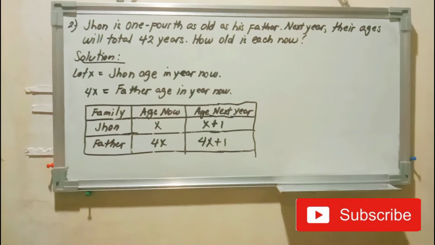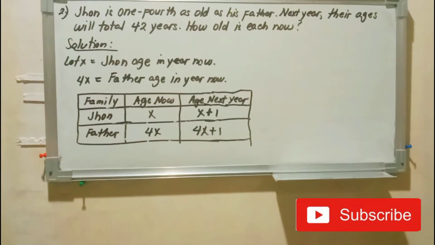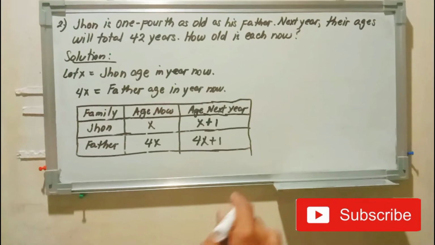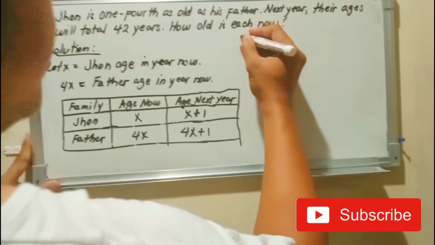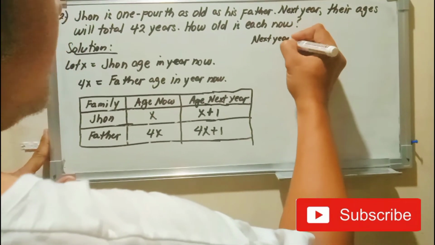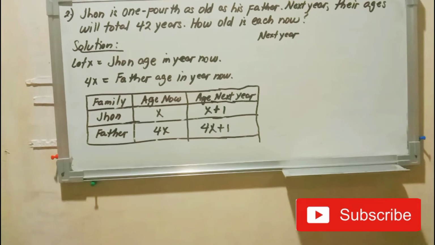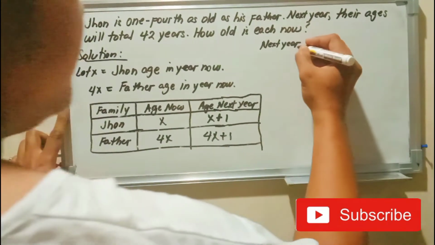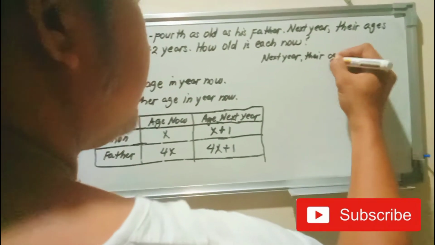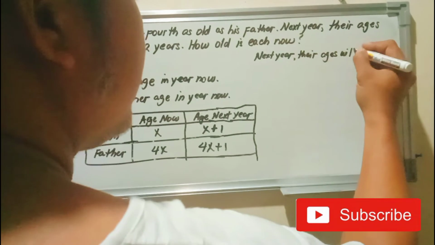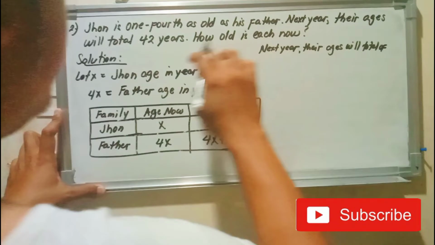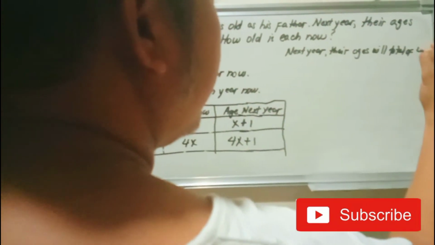Knowing these parameters, we can now equate these two conditions. Next year, their ages will total 42, as mentioned in this problem.